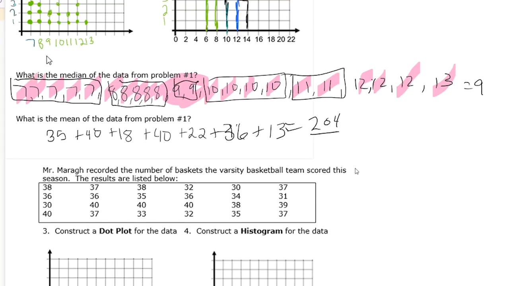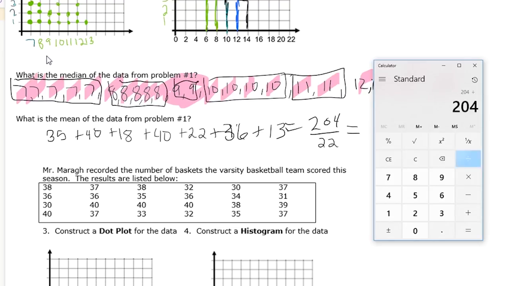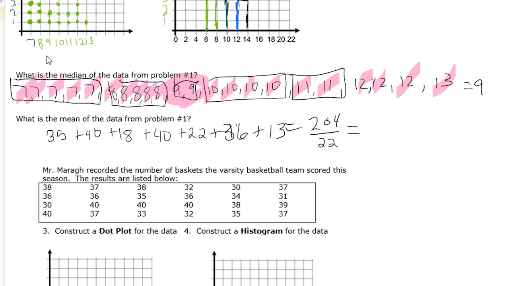So that's 5, 10, 11, 12, 13, 14, 15, 16, 17, 18, 19, 20, 21, 22. All right, so then we're going to divide 204 by 22, and we get 9.27, which is the average shoe size.